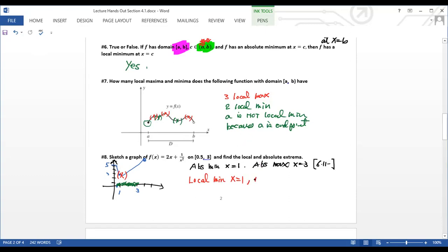Why? Because that point is at the end point, and the local max and local min will not happen at the end point. And how about 0.5? Is this a local max? No, because it's at the end point here. Okay, all right, that's it.